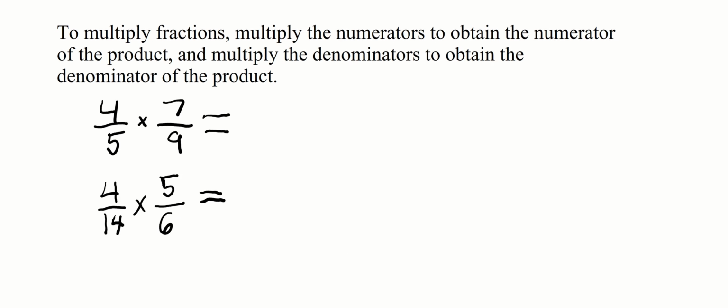So in the case of 4 over 5 times 7 over 9, the numerator of our product should be equal to 4 times 7. The denominator should be 5 times 9.